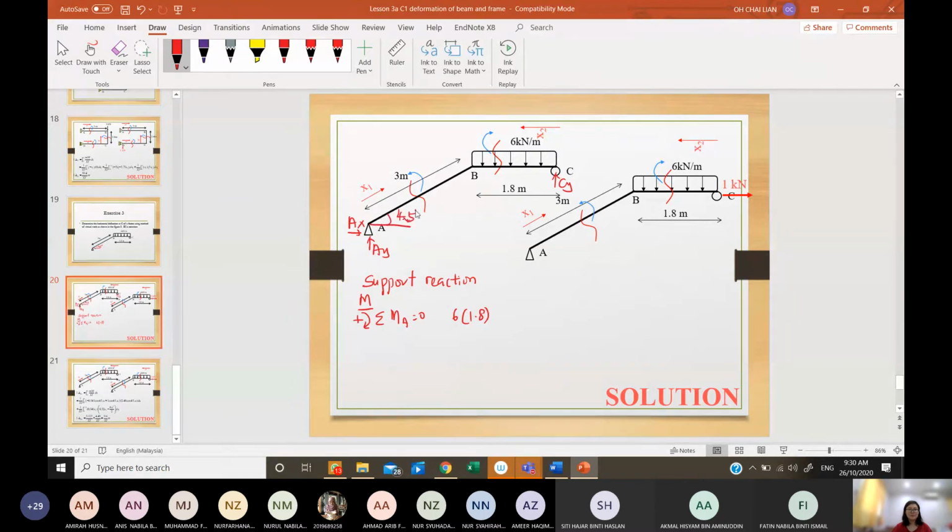Sorry, it's 45 degree. Where did I get this exercise from? Yes, 45.